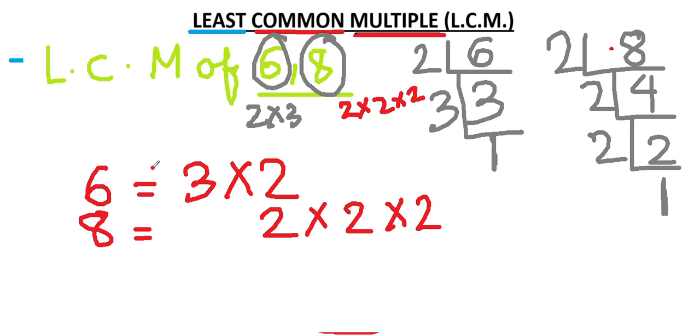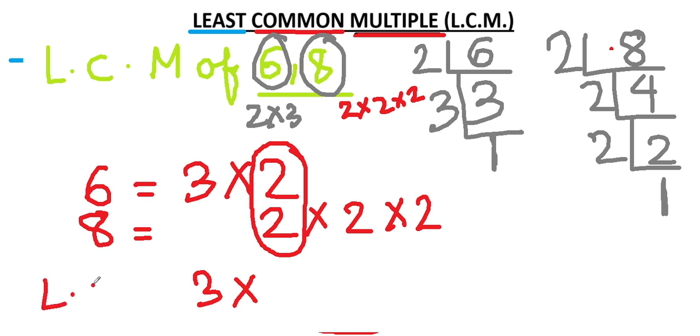Why? Because I wanted to bring the common terms together, underneath each other. 8 has got 2 times 2 times 2, so I'm trying to keep this part common so that I can take it as one number.